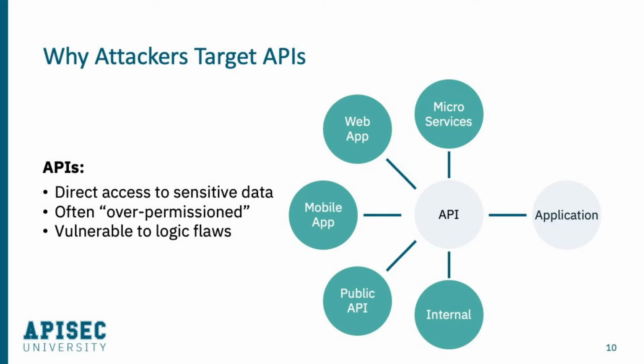APIs are really this central choke point for the flow of data between the interfaces and the back end.